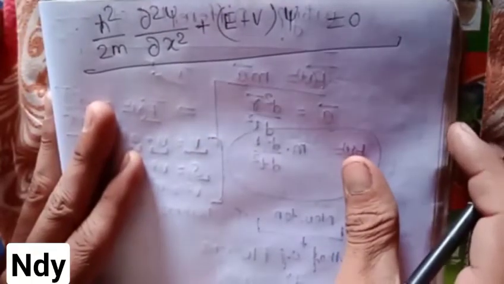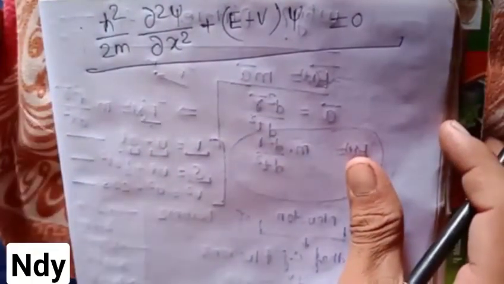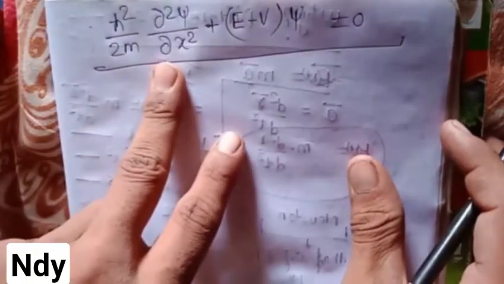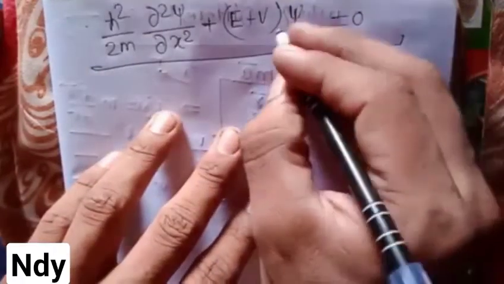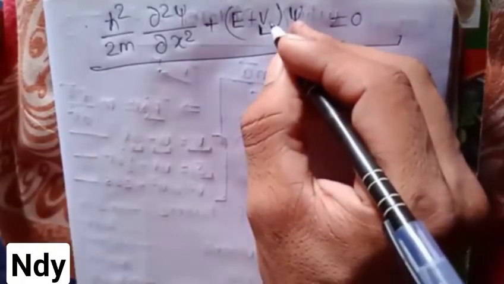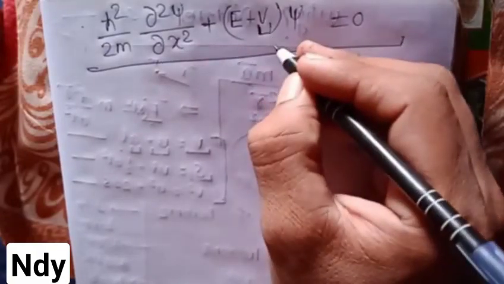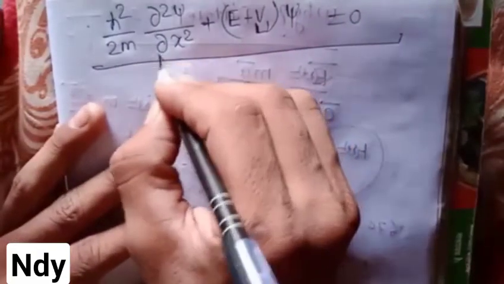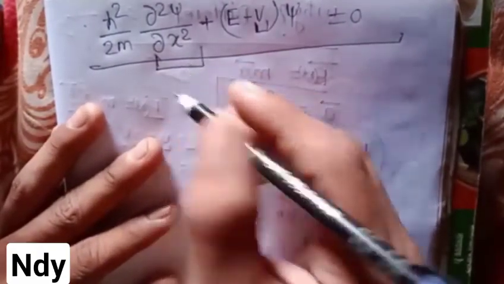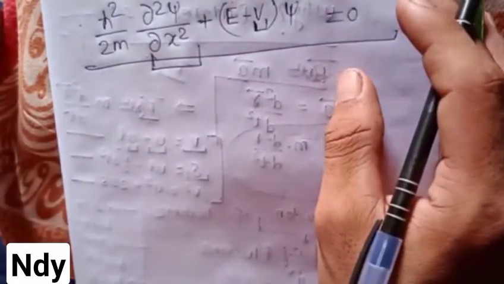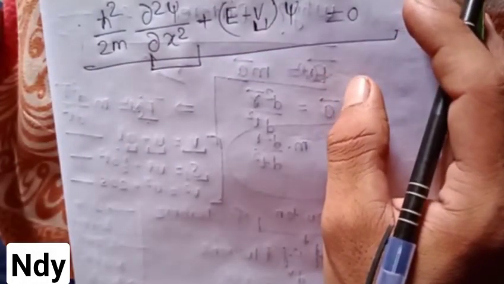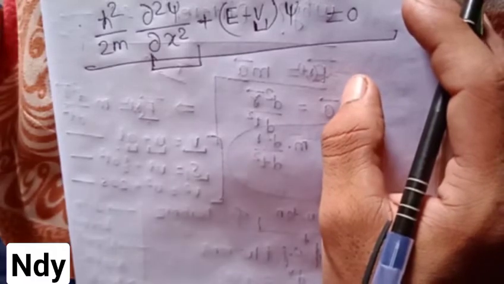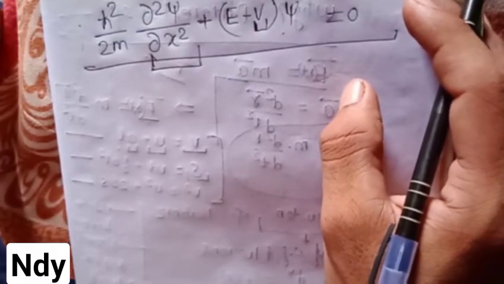So the whole of quantum mechanics is nothing but solving this differential equation for a great variety of potential energy functions, and not only in one single dimension, but we allow the position vector, not only in one dimension but in three dimensions.